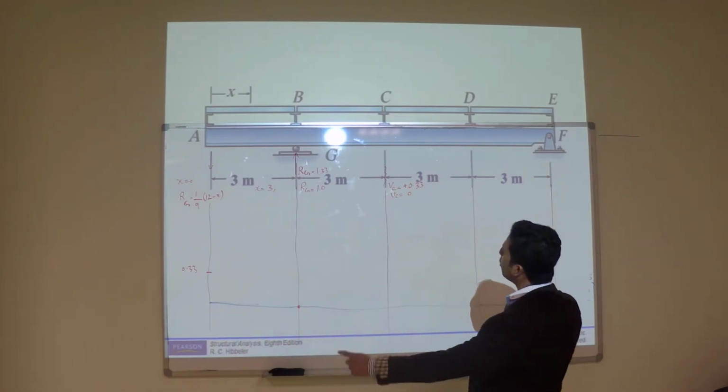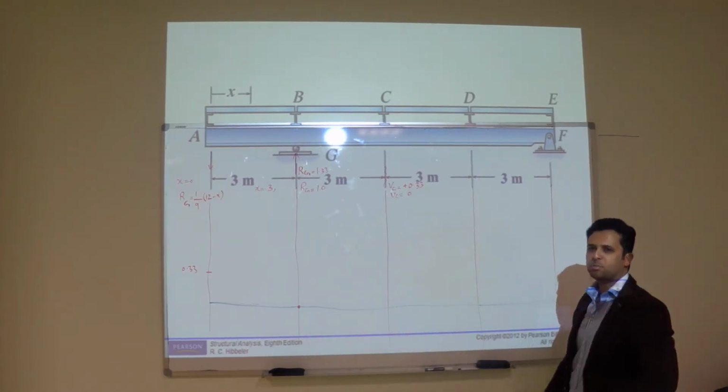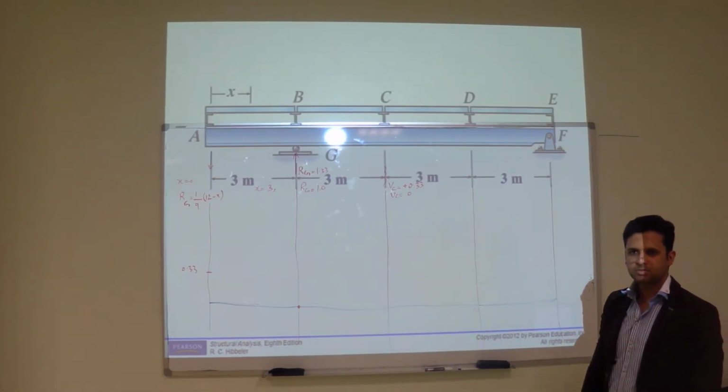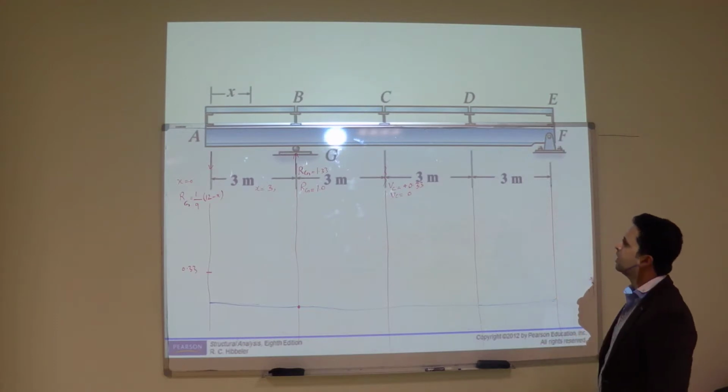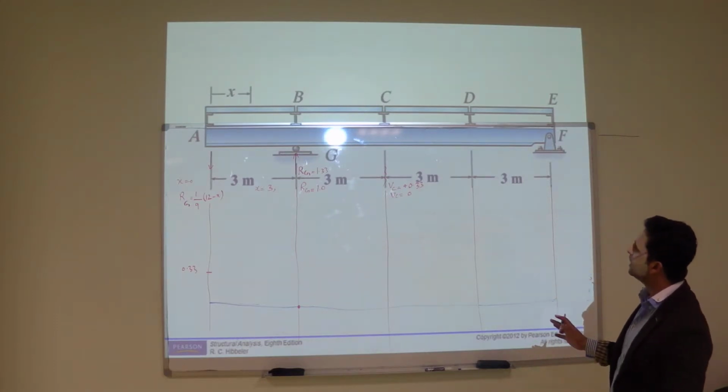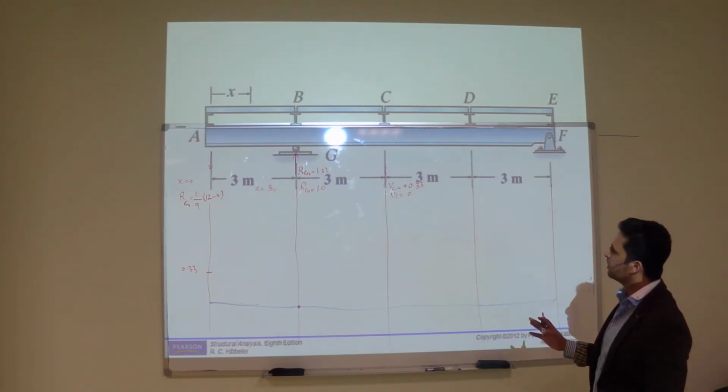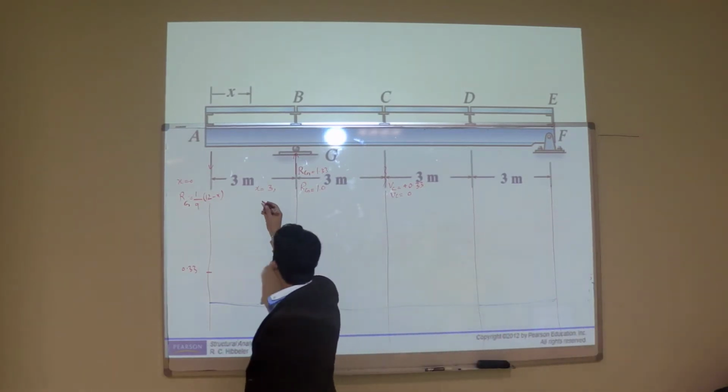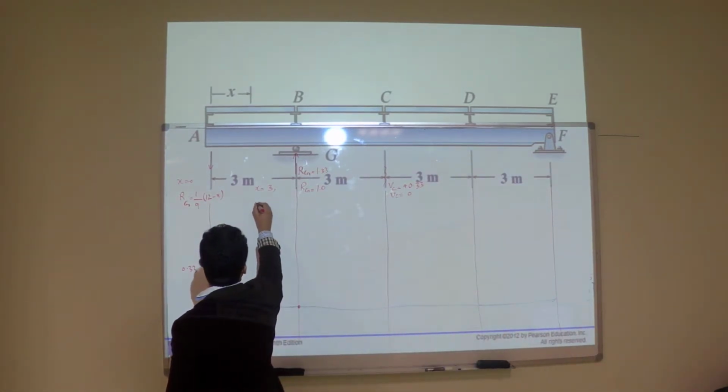Now the load is moving next. Now the load is on panel BC. So if the load is at point C, x will be 6.